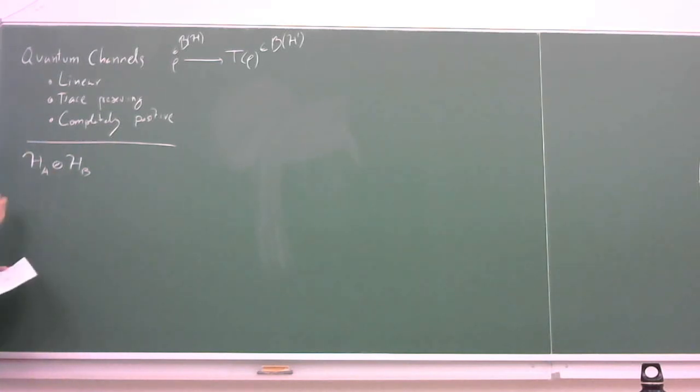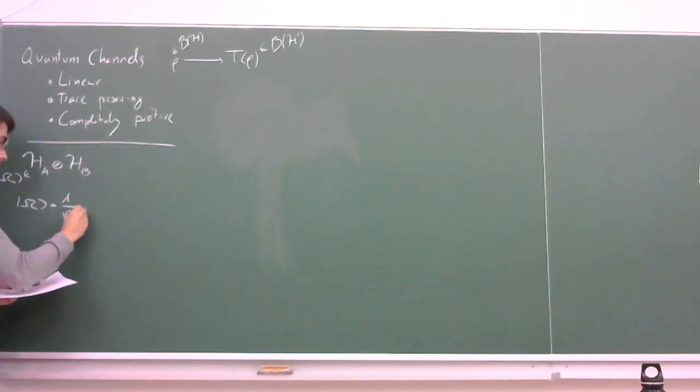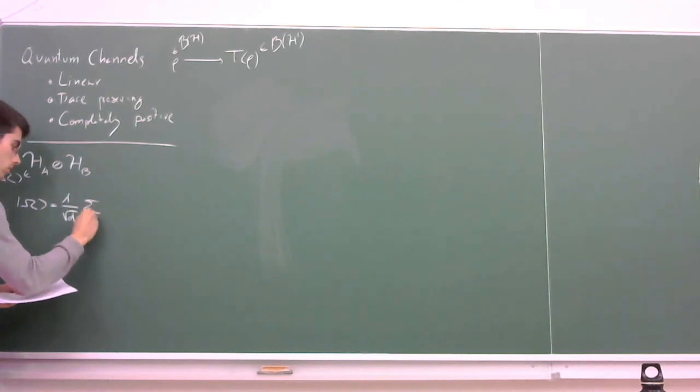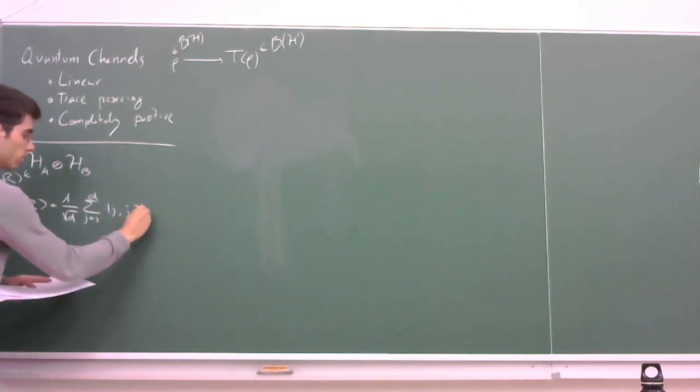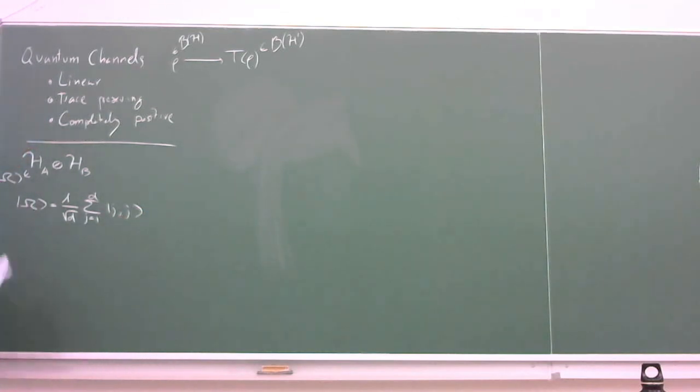And a maximally entangled state is a state in this space which has all of the Schmidt coefficients equal to 1 over square root of d. So both A and B are d-dimensional, and the maximally entangled state has this form.